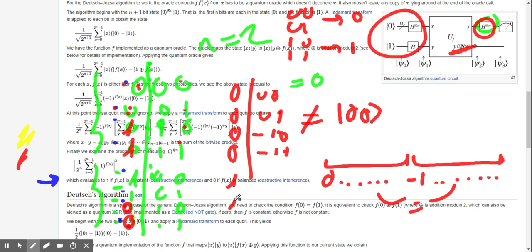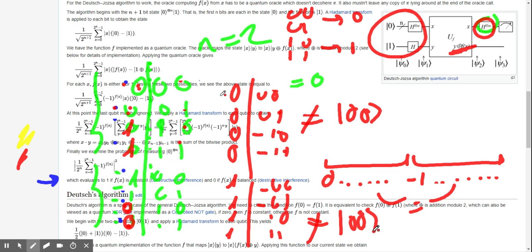For all the cases where you have a 1, you have a similar setup: minus 0 0, minus 0 1, 1 0, 1 1. So that's definitely not 0 0. That's what the statement is saying: for the balanced case, your probability of measuring 0 0 0 is 0. That's all it's saying, really.